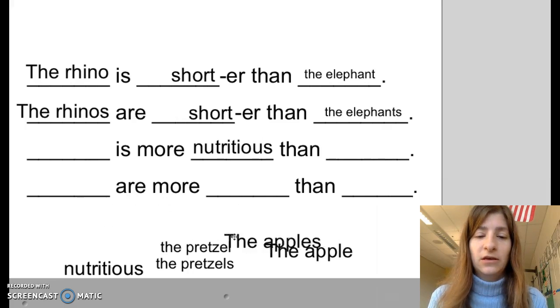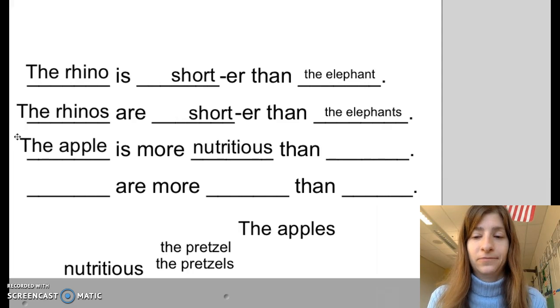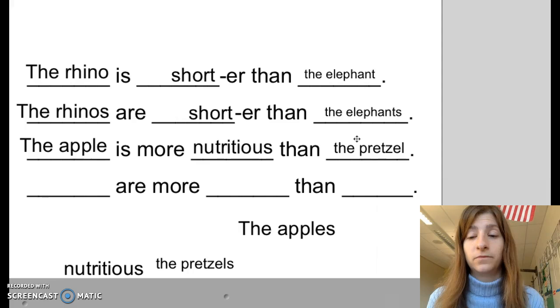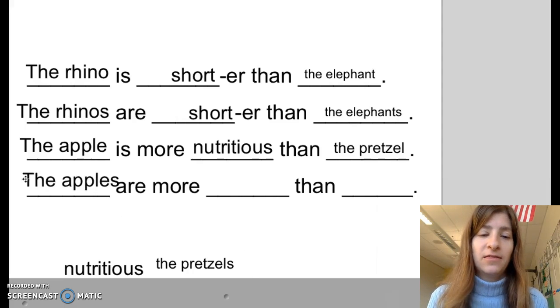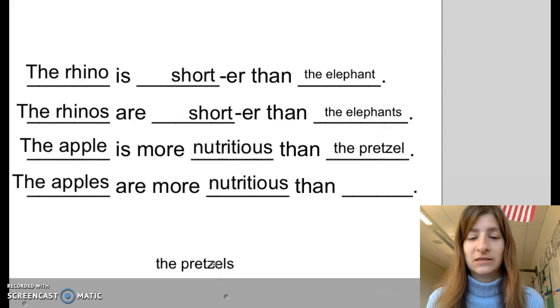So here, for example, the apple, I'll use is because apple is just one. The apple is more nutritious than the pretzel. Or if I have more than one, the apples are more nutritious than the pretzels.